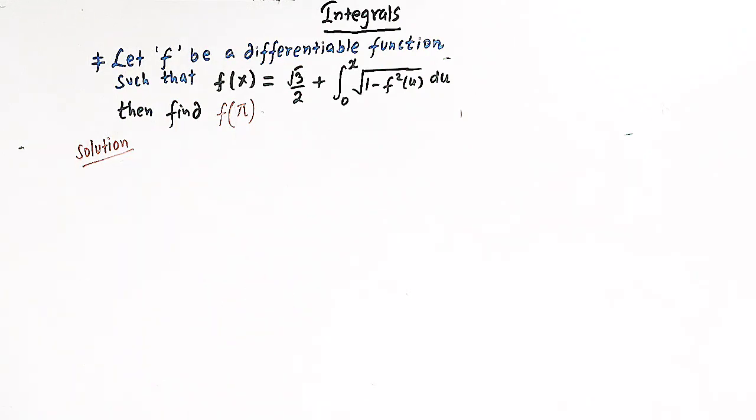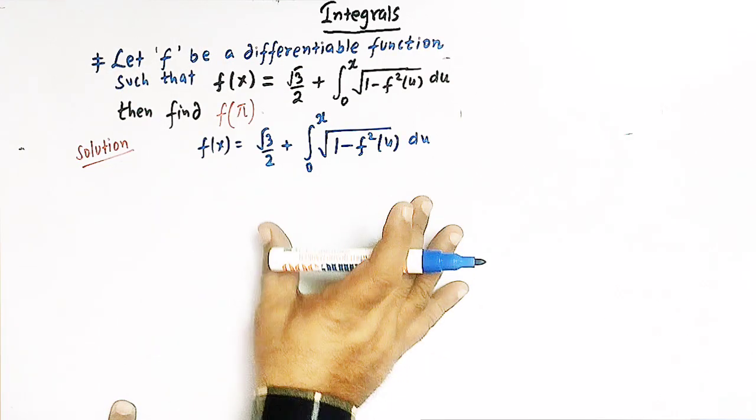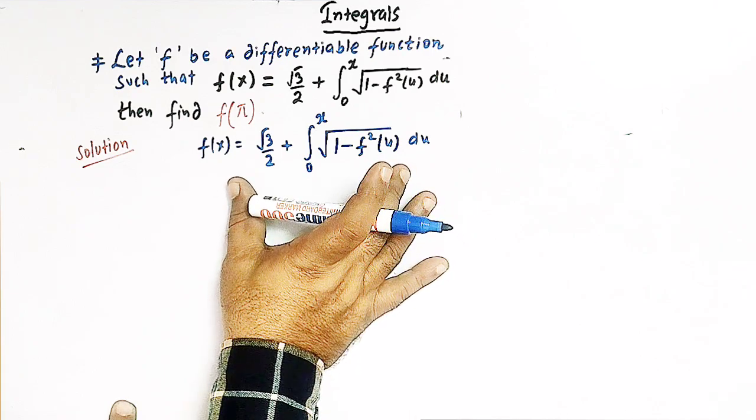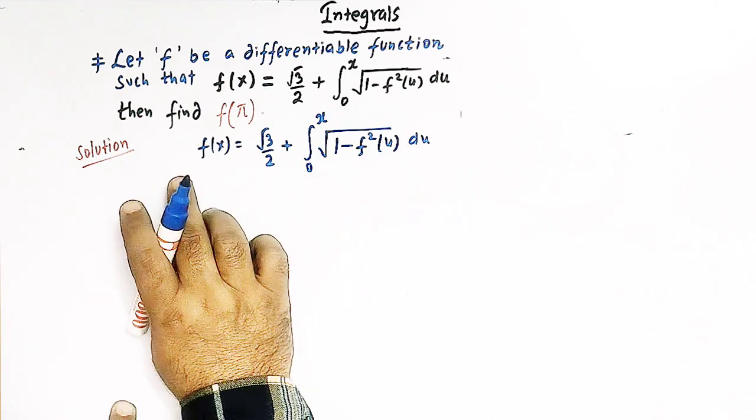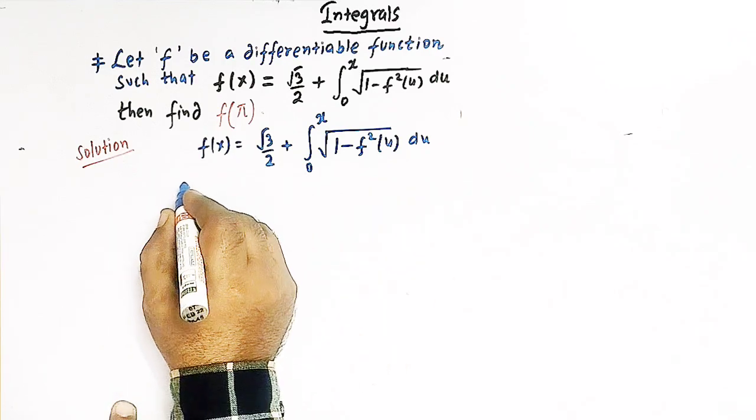So let us see how easily we can solve this problem by using the concept of derivatives and one important property of definite integrals. So let us start. Here we are given this relation. Now what we will do, we'll differentiate both sides with respect to x.